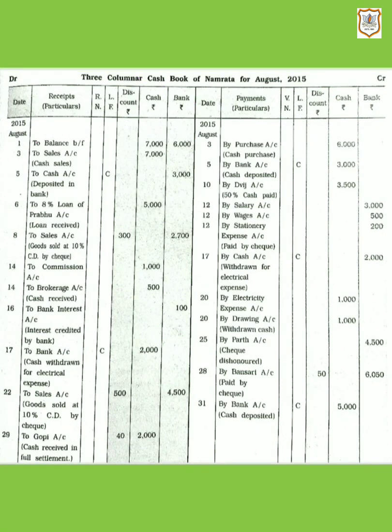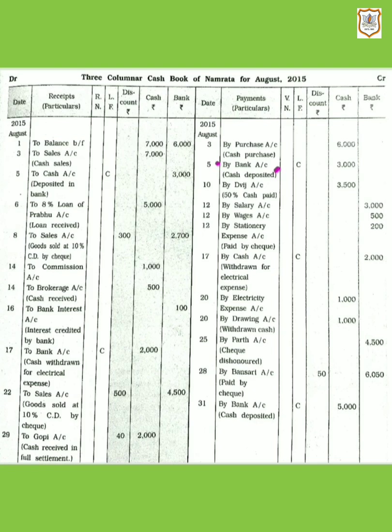In the particulars column, we will write By Bank Account, as our cash balance is reducing because we have deposited our cash in the bank. So By Bank Account will be written in the particulars column, and the date will be written, that is 5th. Now as it is a contra transaction, it is entered on both sides of the cash book, as a contra transaction affects both accounts, that is cash and bank account.